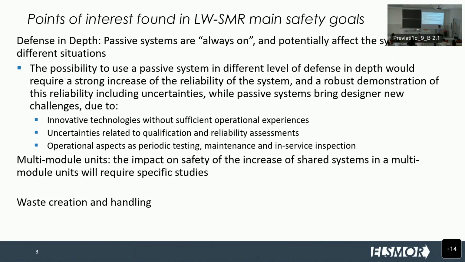So I took the liberty of highlighting this discussion also for today. So we will go through three topics that are not unique to SMRs, but with the SMR designs that we are seeing, they are bringing in some new things to consider.